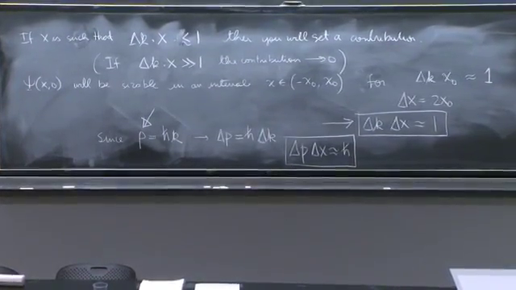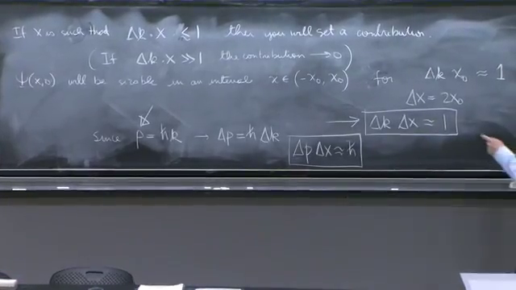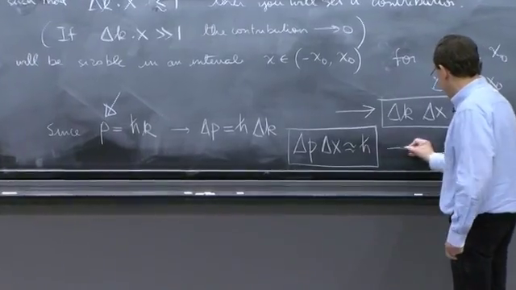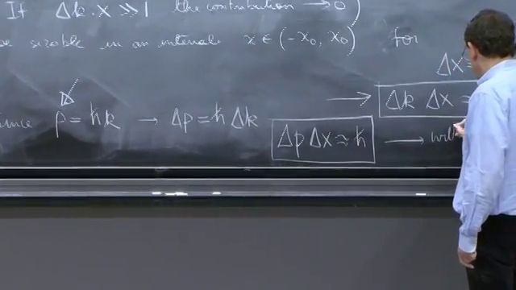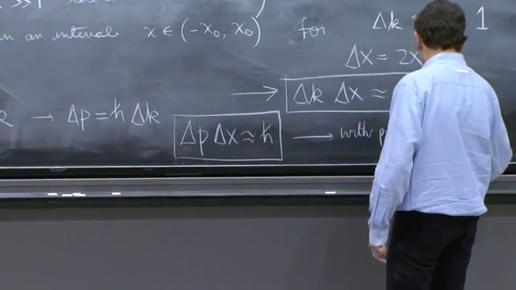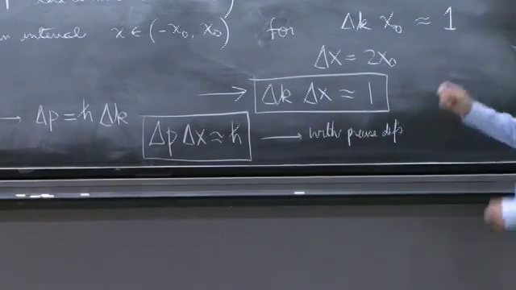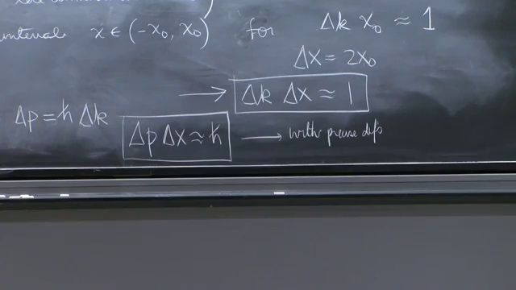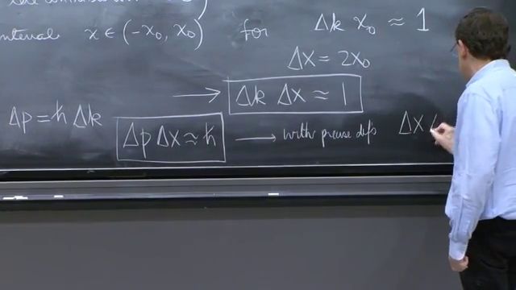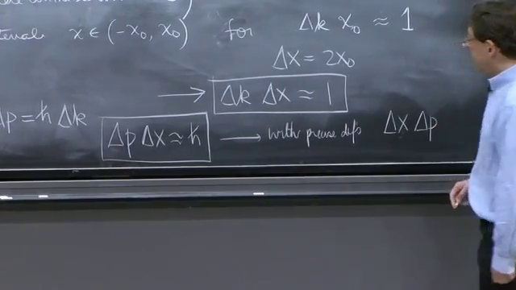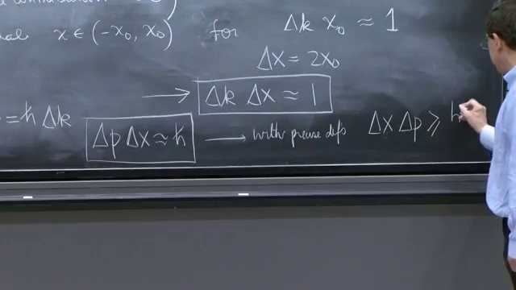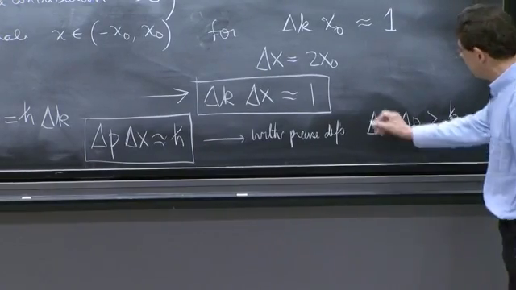Now we will make the definitions of delta P and delta X precise and rigorous. Then there is a precise result, which is very neat, which is that delta X times delta P is always greater than or equal to h bar over 2.